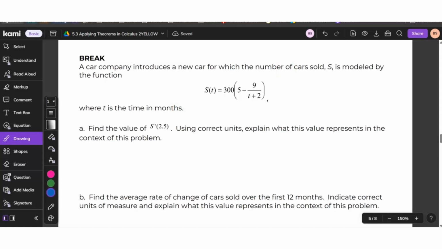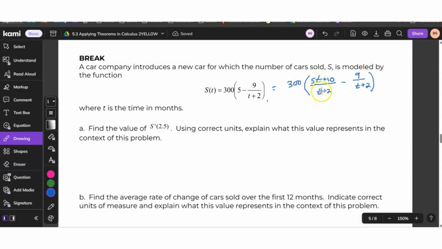So to start with, let's do the same kind of thing we did last time, where we rewrite this equation with a common denominator, right? So we're going to get 300 times 5t plus 10 over t plus 2 minus 9 over t plus 2, right?